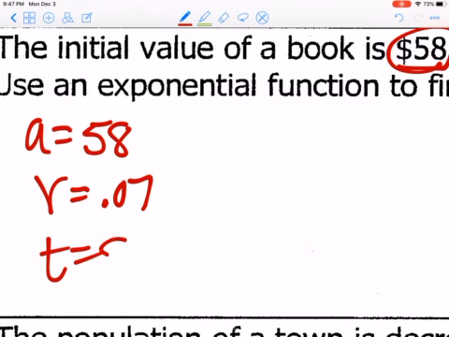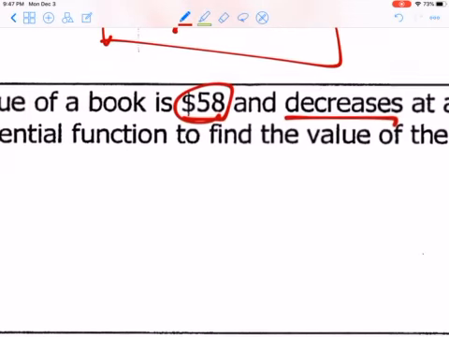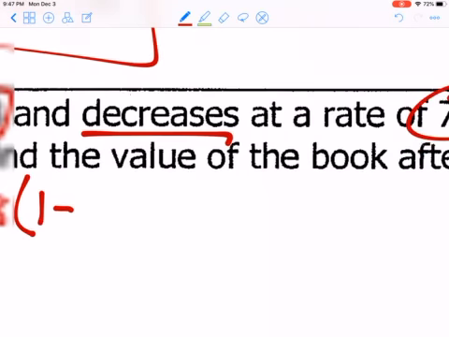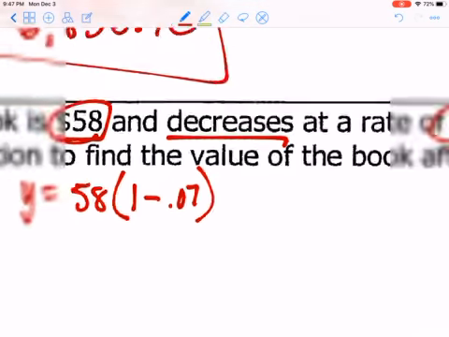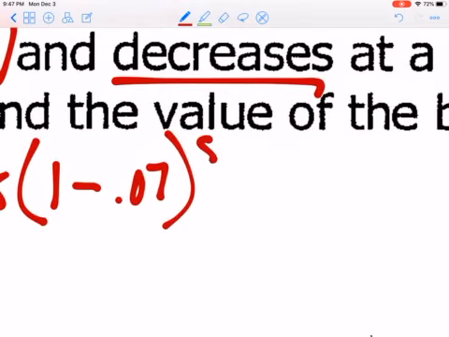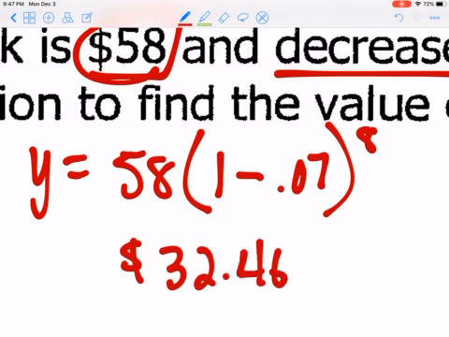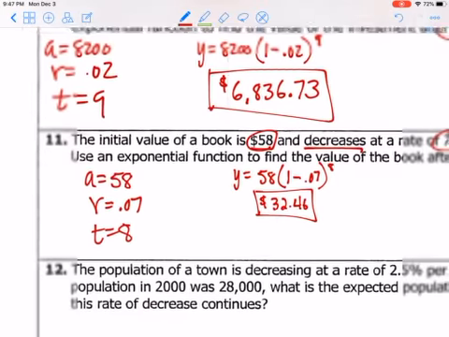Our time, 8 years. No book lasts 8 years, but especially not nowadays. So Y equals 58 times 1 minus 0.07 raised to the 8. We put this in the calculator and we get a value of $32.46. Man, if a book is still worth $32 after 8 years, I need that book. I can make some money.